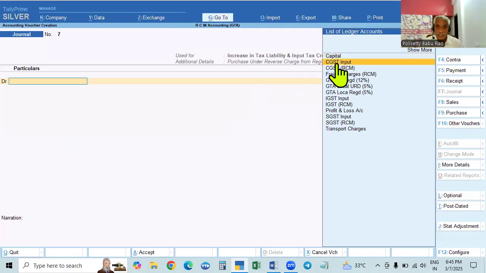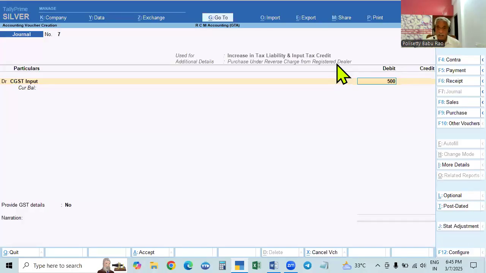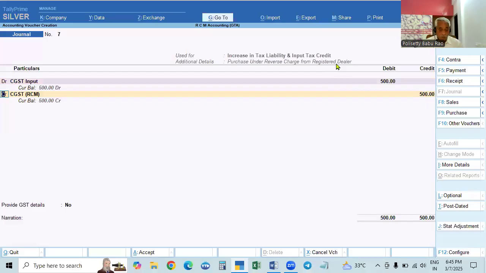So CGST input is 2.5%. The amount for the regular dealer is 20,000. 2.5% of 20,000 is 500 rupees. 5% out of 20,000 is 1,000, and 2.5% is 500. Again, it will come as credit.